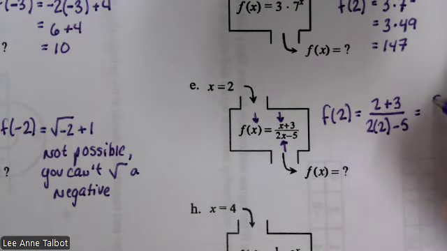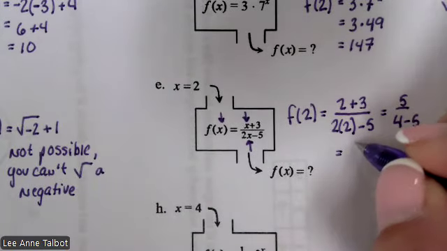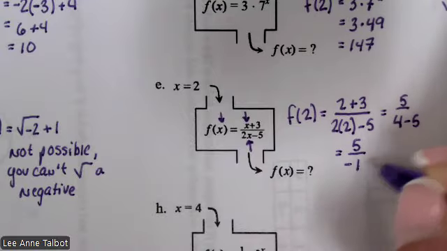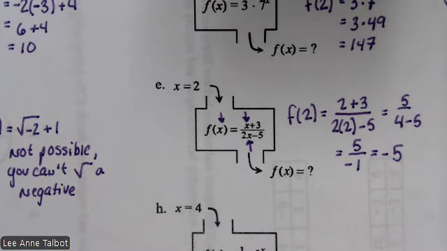Two plus 3 is 5. 4 minus 5. 5 over -1, which is -5. It's not possible because absolute values will never be negative. Yeah, nice job. Okay, F.